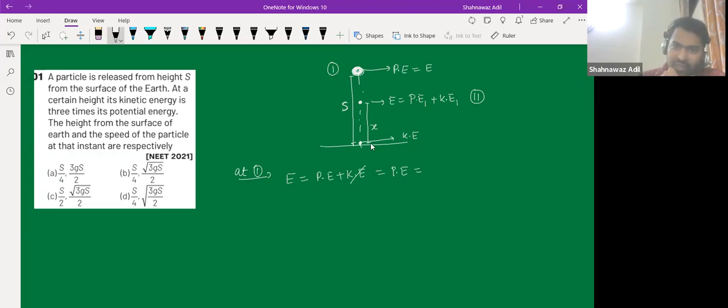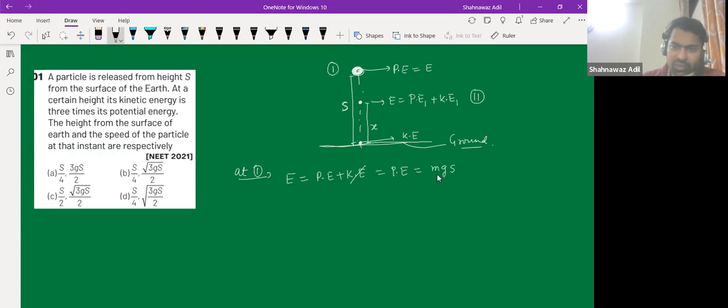So this is the ground, and the object is released from here, at a certain height s. So what would be the potential energy here? That would be mgs. Why potential energy? Because it is at a certain height.